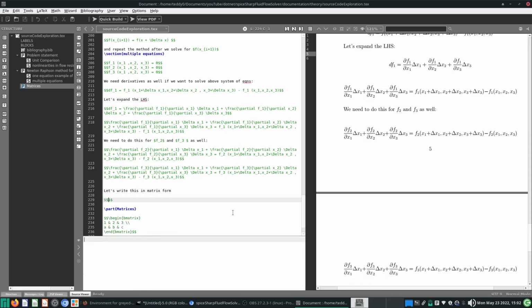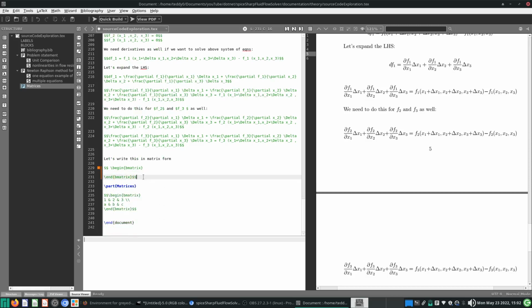Okay, write this in matrix form. So I'm going to begin a B matrix, and this is with the AMS math package. So I have an empty matrix down there. It's not going to really do anything.